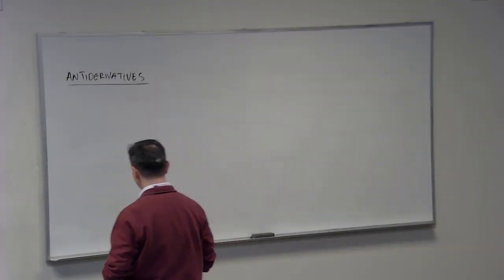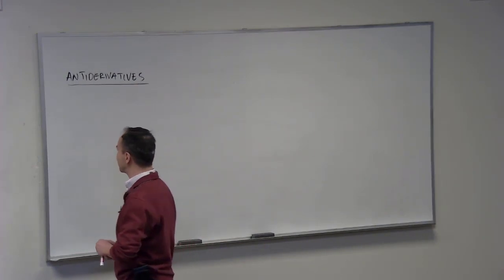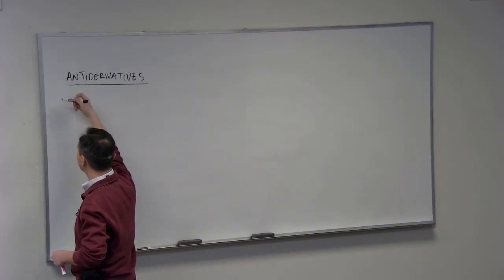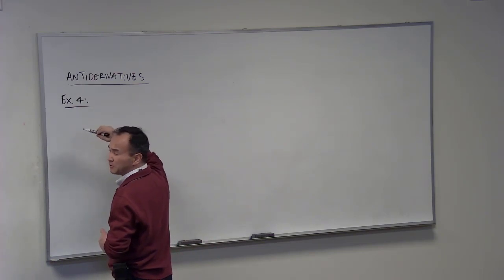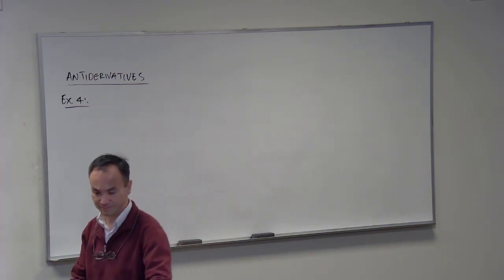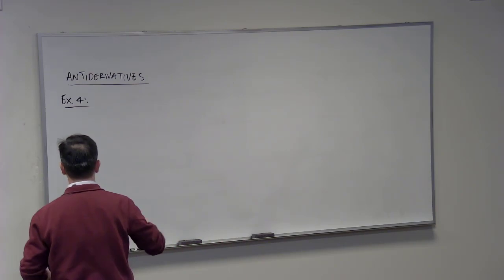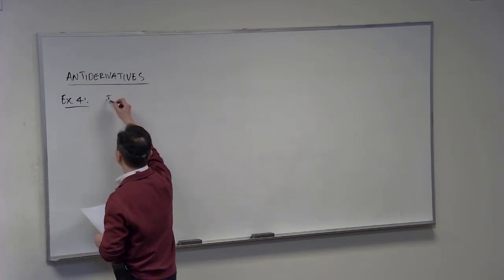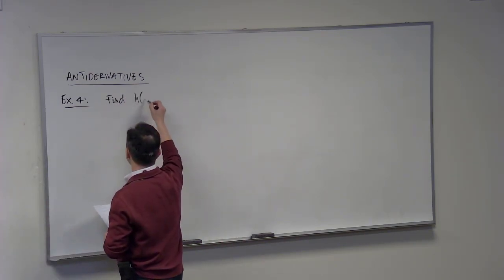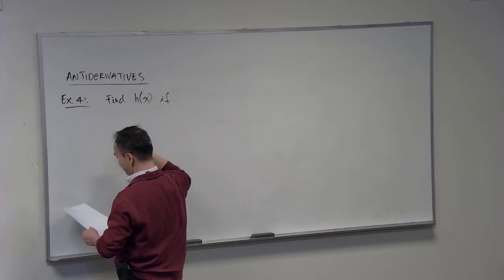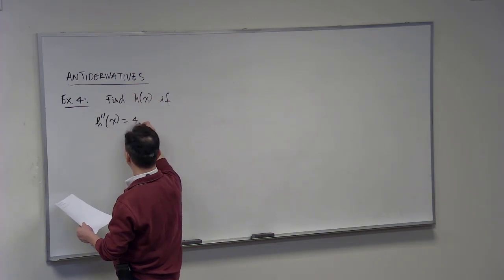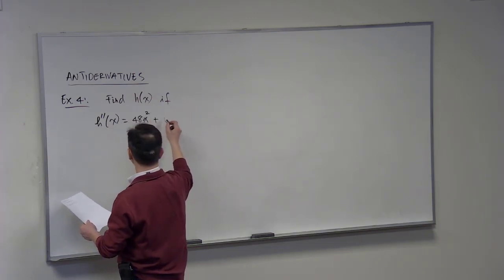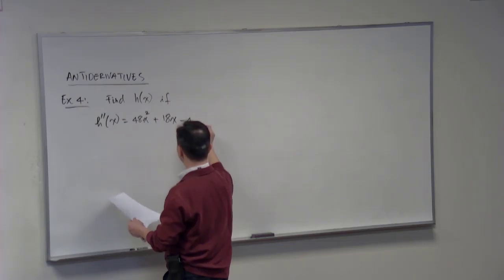So let me bring in another problem along that line. This next example here, because we have time, I'll just bring it in. It's sort of like an extension to that IVP problem. So we are putting it as: let's find some function h of x, if we know that h double prime is 48x squared plus 18x minus 4.